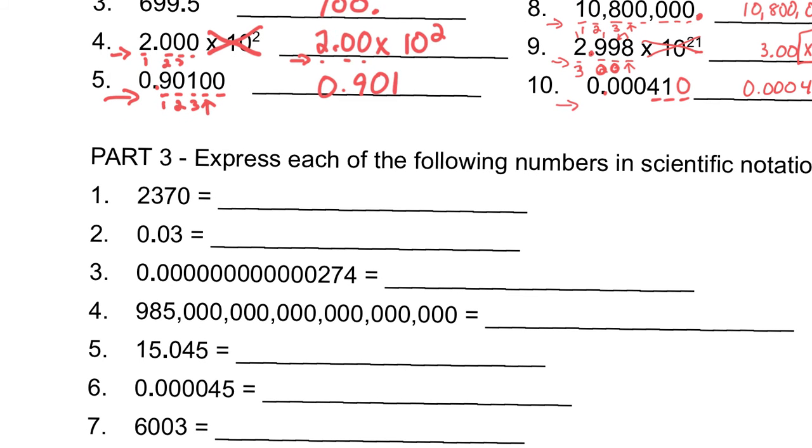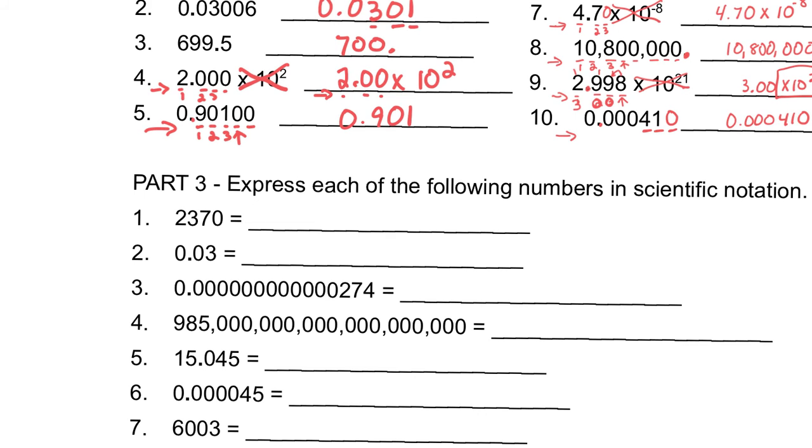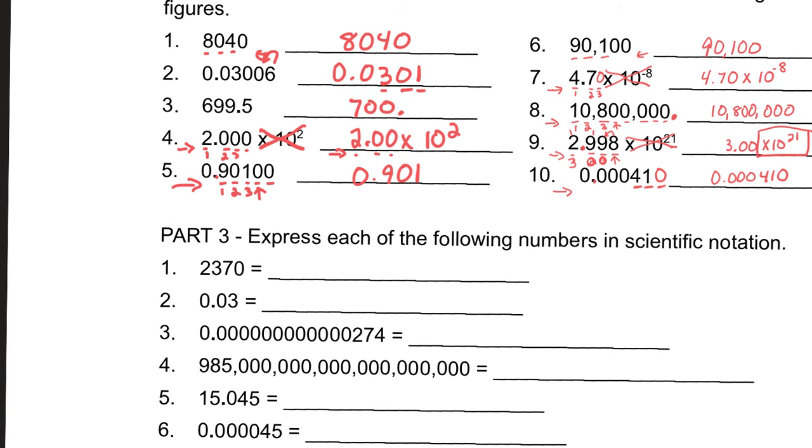The last part I'm going to do is how to do scientific notation. Well, scientific notation is really just a matter of saving yourself writing a whole bunch of zeros. So to put something into scientific notation, we're going to make this a number that's between 1 and 9, or 1 and 10, technically. So the decimal right now is not written in, but I'm going to put one there. I'm going to make this a number that's between 1 and 10.